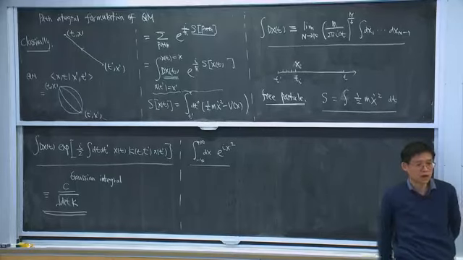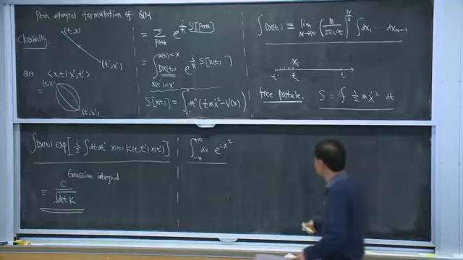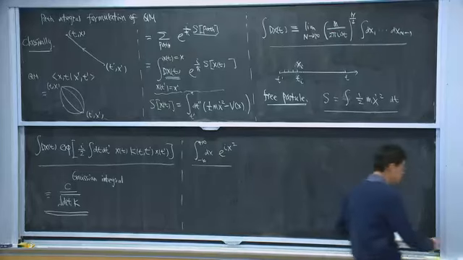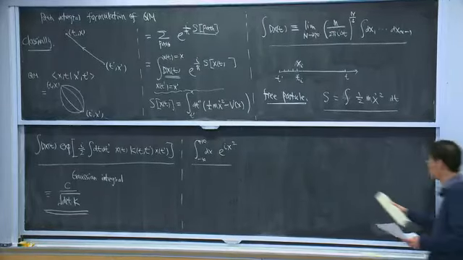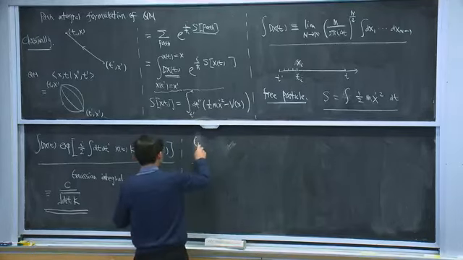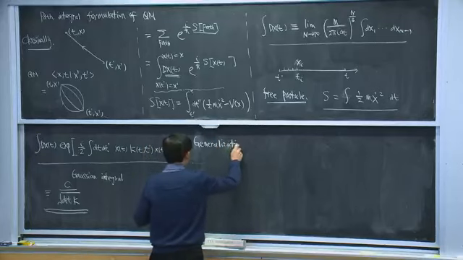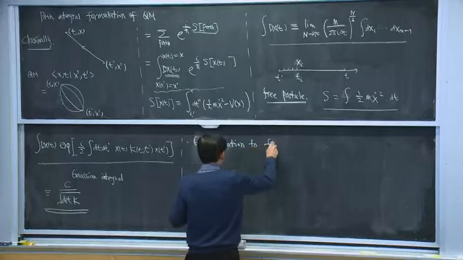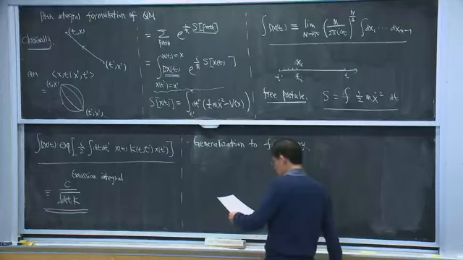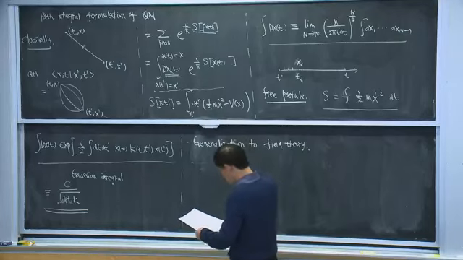Because field theory just takes the number of degrees of freedom to infinity. So in this case, we just need to replace things in the different places.